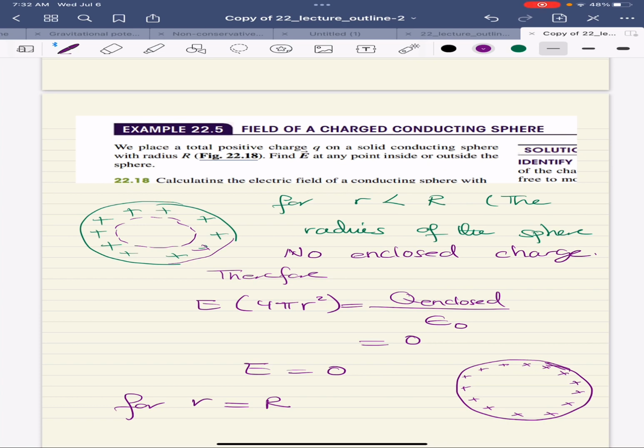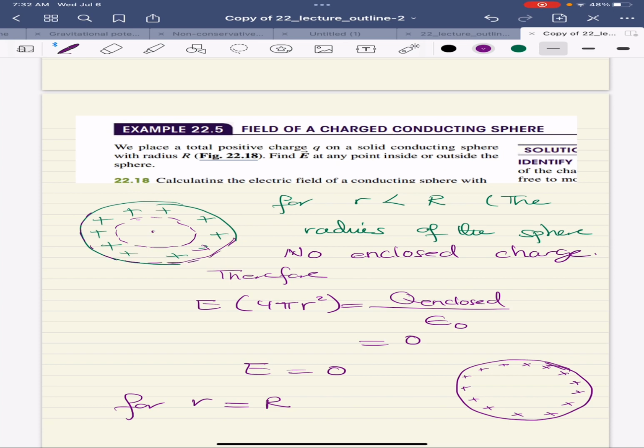And here we place a total positive charge Q on a solid conducting sphere with radius R. Find E at any point inside or outside the sphere. Inside, there is no enclosed charge, of course, so E times 4 pi r squared, this is my surface, the Gaussian surface, and because Q enclosed is 0, then E is 0. When r equals the radius, my Gaussian surface is going to be here.